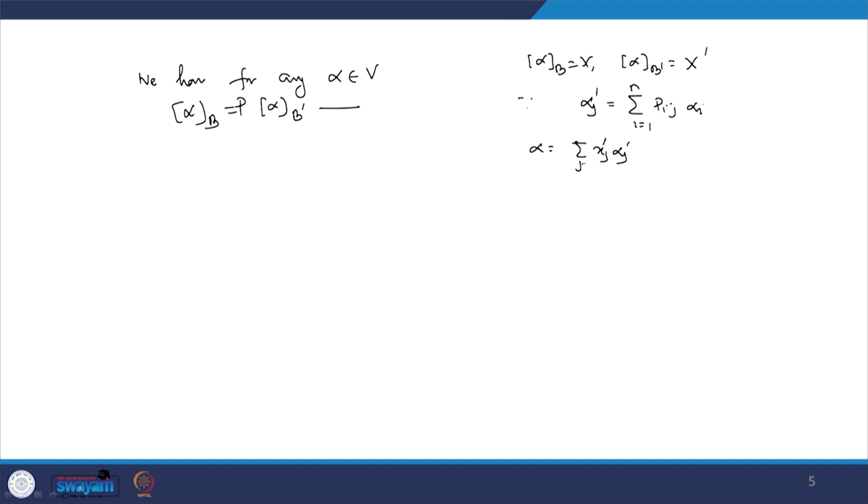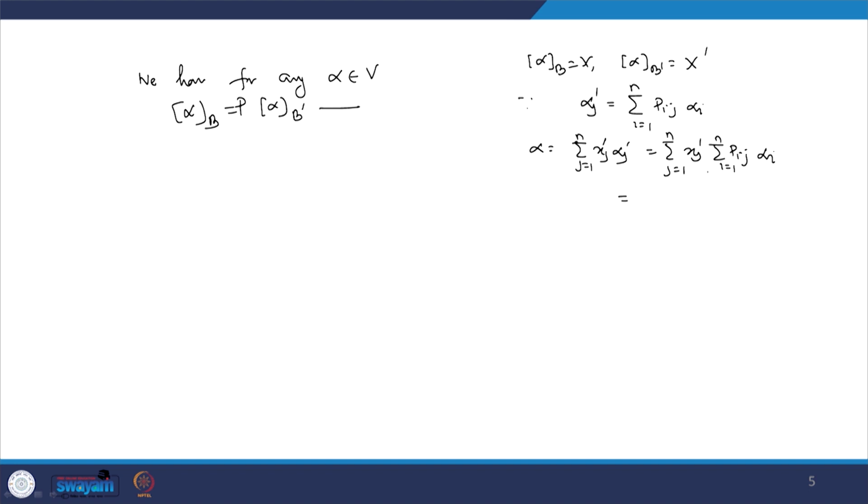So, sum over j equal to 1 to n, and then this will be equal to sigma x j prime and p_ij, alpha_i, i equal to 1 to n, j equal to 1 to n.